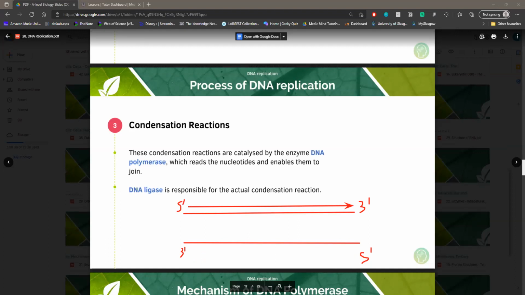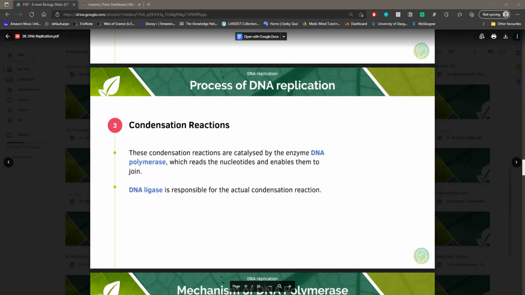So for the strand that's 3' to 5', DNA polymerase works discontinuously. So it doesn't work fully all together at once. It works in fragments, and these fragments are called Okazaki fragments. They're small bits of the phosphodiester backbone that have been joined up and bits that haven't been joined up.